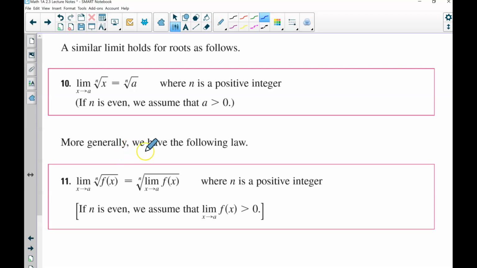Okay, and then more generally, we have the following law. The limit as x approaches a of the nth root of f of x is equal to the nth root of the entire limit as x approaches a of f of x, where n is a positive integer, and if n is even, then again we assume that the limit as x approaches a of that function is greater than 0.